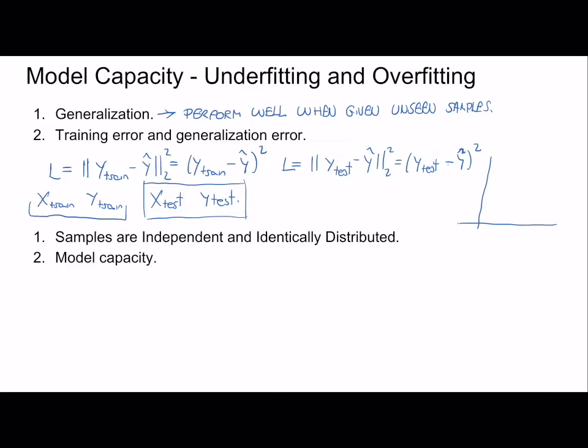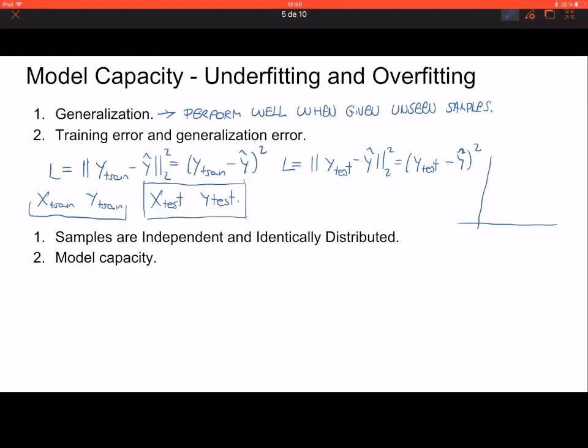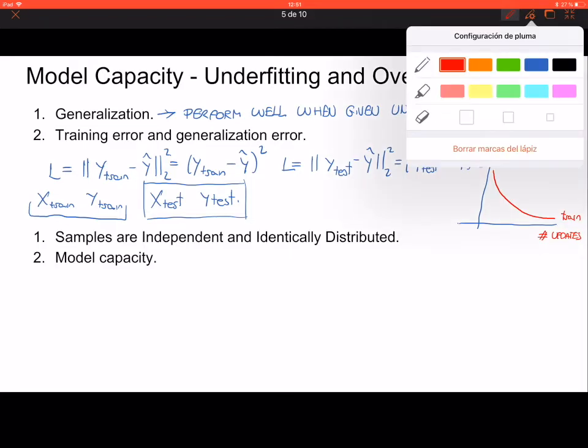All right, so if we plot these two functions on the plane, this could be my training error, this could be the number of updates, the number of times I updated my parameters, and this could be my loss.